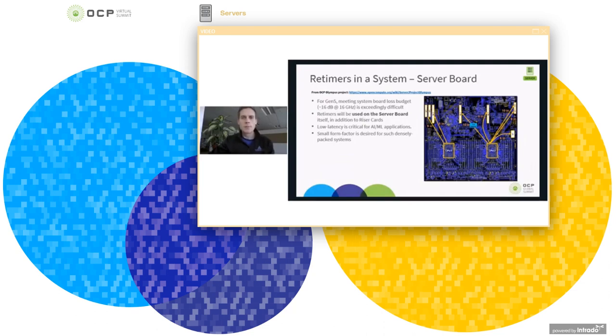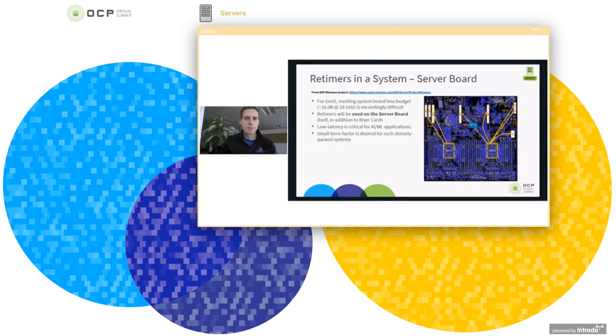So I wanted to show some OCP topologies and how these realities may impact those topologies at Gen 5 speed. For Gen 5, because we saw that even with ultra-low-loss Megtron 6 material, you cannot meet your budget across worst-case conditions with safety margin beyond 8 inches, we expect, and we've seen many cases where retimers will be used on the baseboard itself.